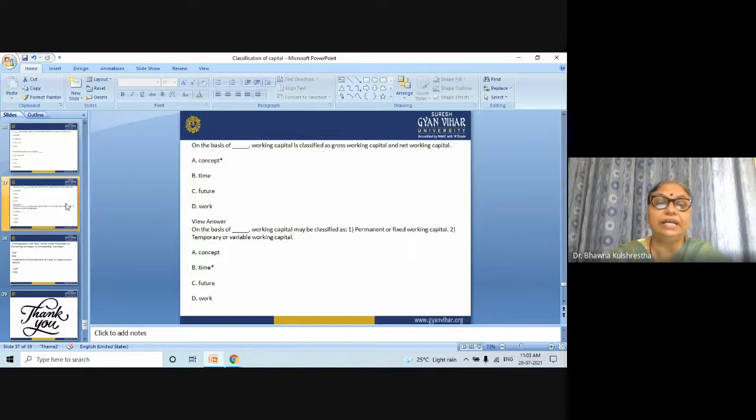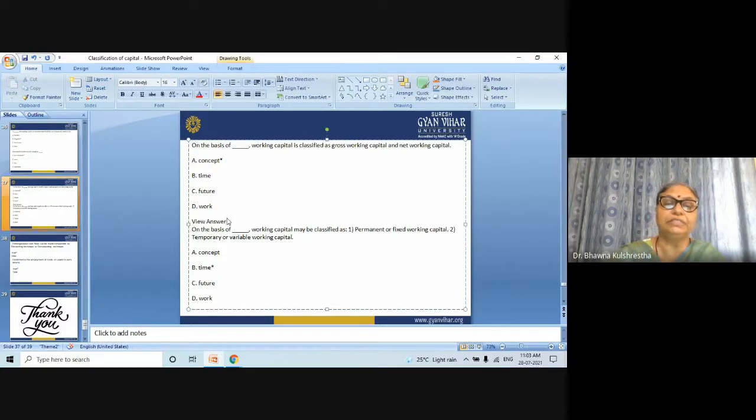The next question: on the basis of dash, working capital may be classified as permanent or fixed working capital, and temporary or variable working capital. The answer is time.